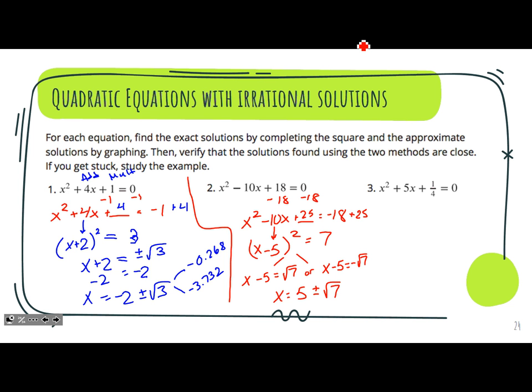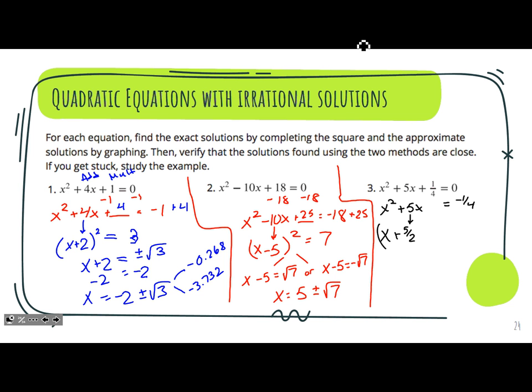Same thing would happen even for number 3. Even this one, a little bit more messy because of the fraction, but hey, why not? Let's give it a try, right? So here we're going to move the 1/4 to the other side. So x squared plus 5x equals negative 1/4. Okay, so half of 5 is 5 over 2, 2.5.